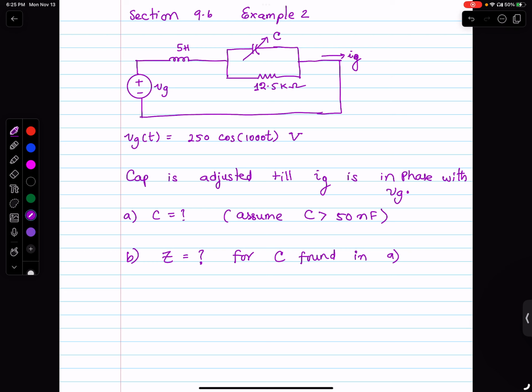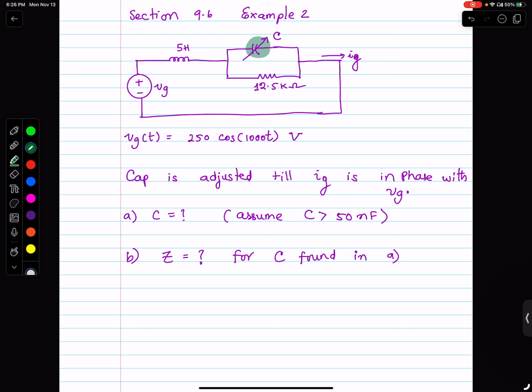given Vg value is 250 cosine 1000t volts. Now there is a variable capacitance here, a variable cap is adjusted until the current is in phase with the voltage.